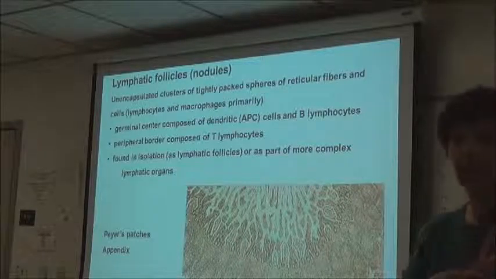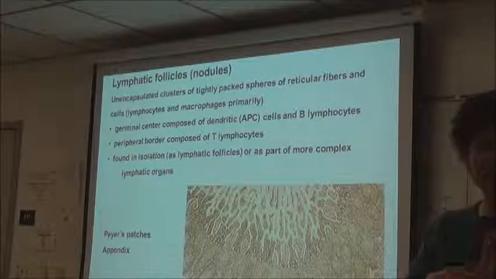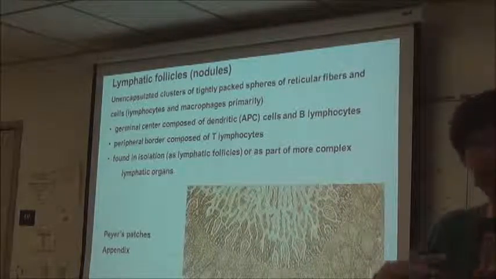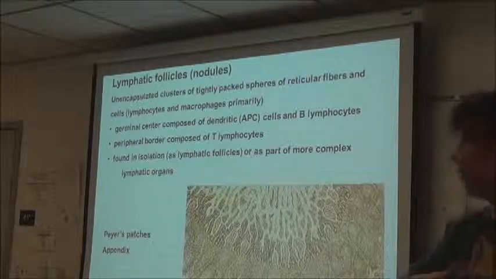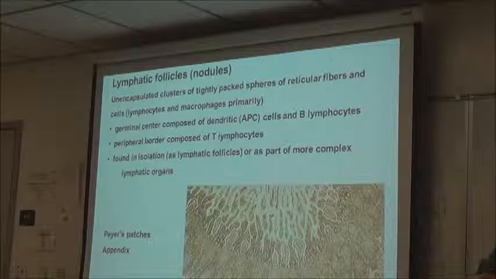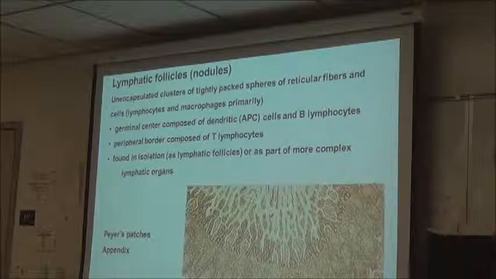It's a high concentration of lymphocytes in a sphere. There's no capsule around it, so it's just reticular tissue holding those lymphocytes and keeping them from diffusing out. They tend to have a higher concentration of T cells in the periphery and B lymphocytes in the center. So you can see that on some of these.